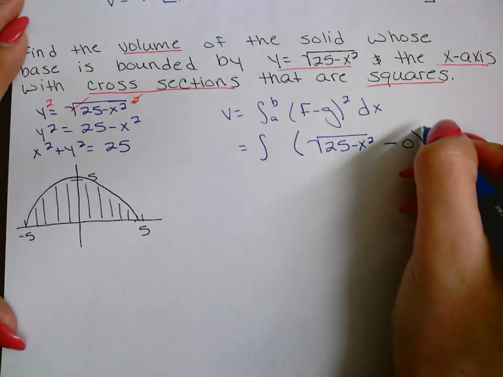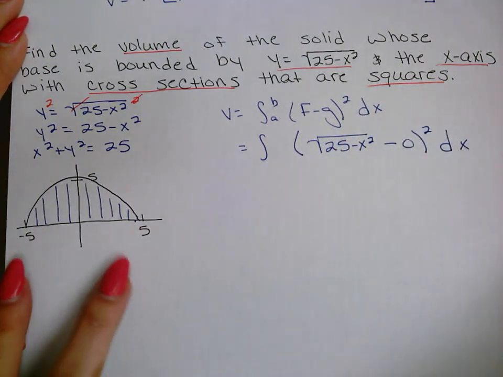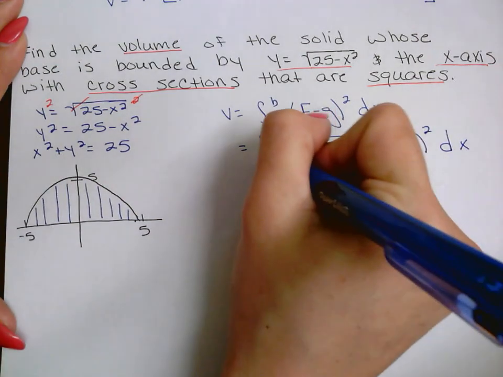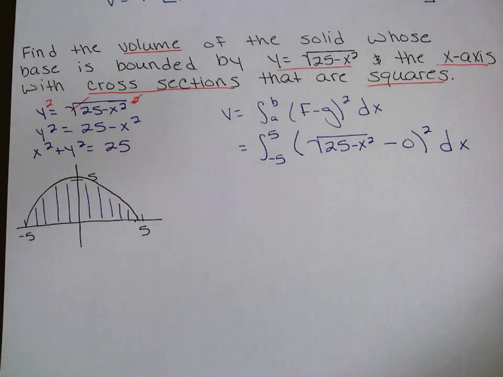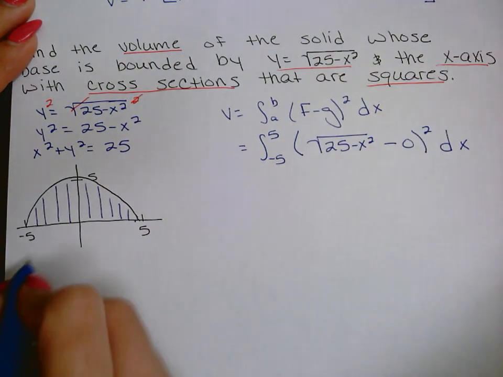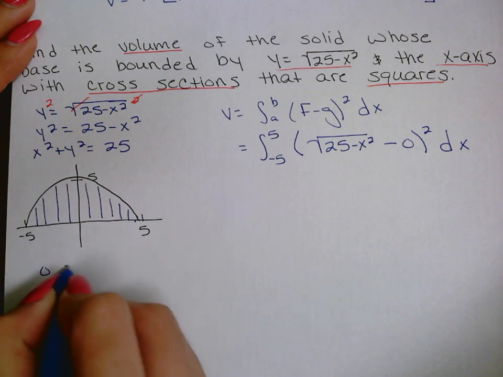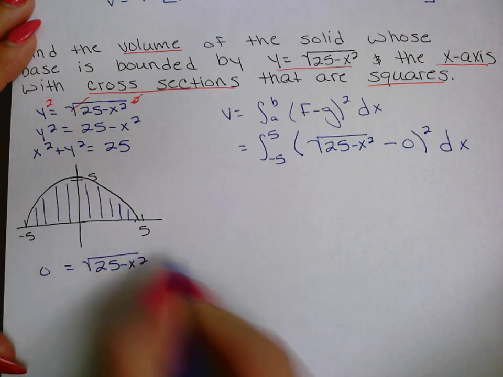And then the formula has a squared. Who is my a to b? Negative 5 to 5. So if you don't feel confident with that equation and graphing, know that you can still find a and b by setting your two equations equal to each other. So I would say that 0 equals the square root of 25 minus x squared.